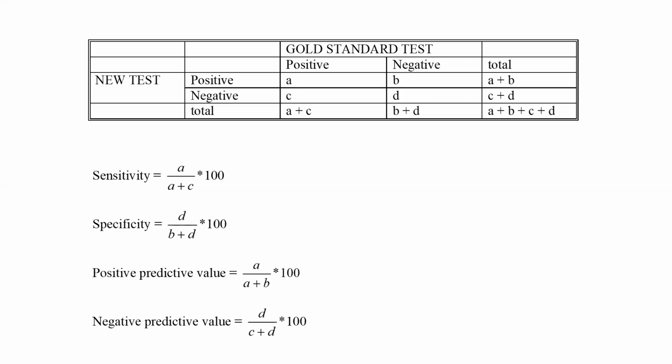Yes, the test can identify more people with disease. High sensitivity means the test can identify more people with disease. If a test has a high sensitivity, it will identify more people with disease. That means out of A plus C amount, it will identify more people. That is the meaning of sensitivity.